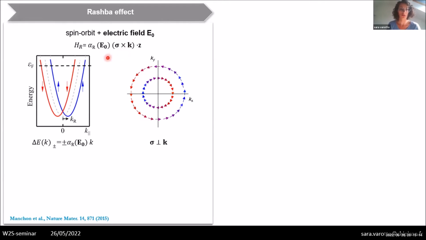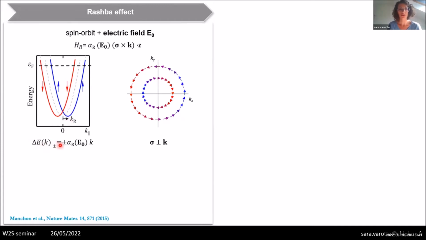If we solve the eigenvalue problem, what happens is that the spin degeneracy will be lifted in the band structure. So the 2 parabolas for the 2 different spins will be, let's say, shifted pictorially in the reciprocal space. So the shift will be along the wave vector axis. And this is the formula for the amount of the splitting between the upper and the lower band.